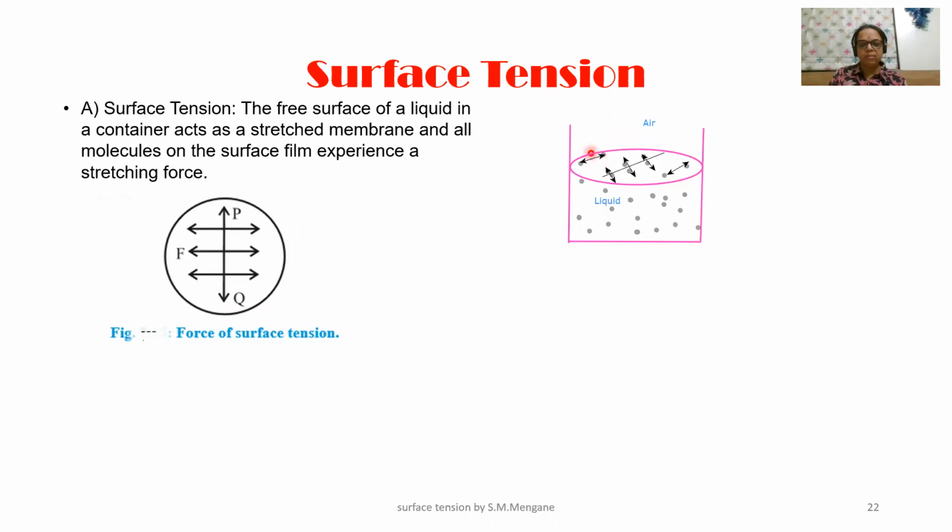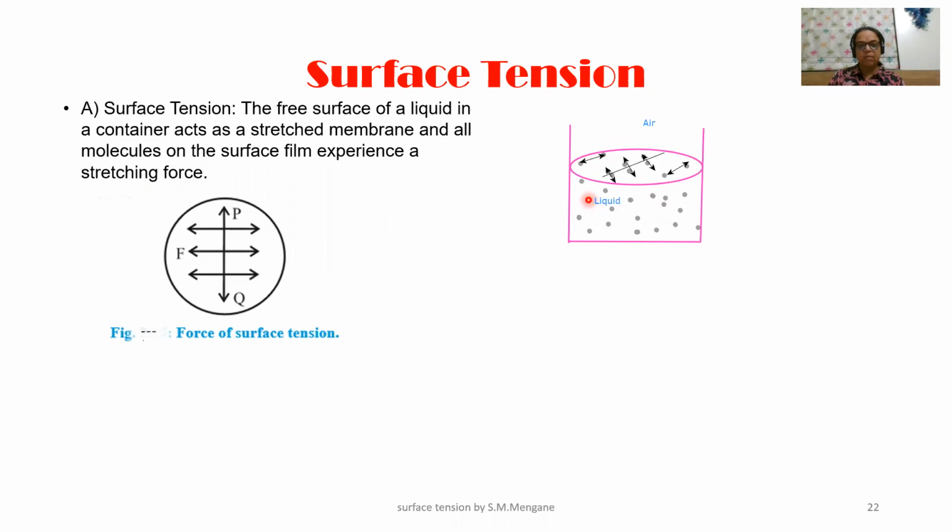If all these molecules are trying to come to each other, what will happen? The answer is the size of the surface will decrease, so the area of the surface decreases. This tendency to reduce itself is known as surface tension.